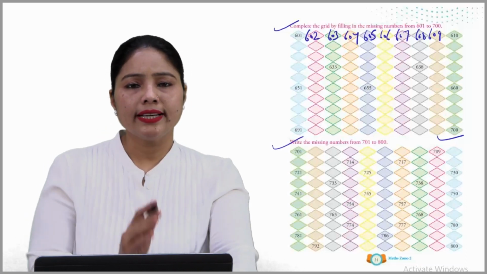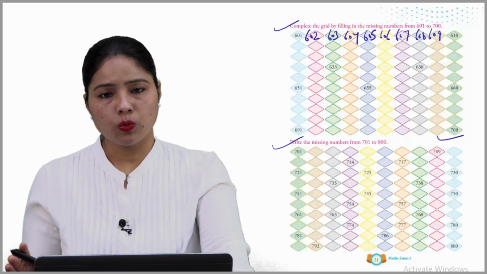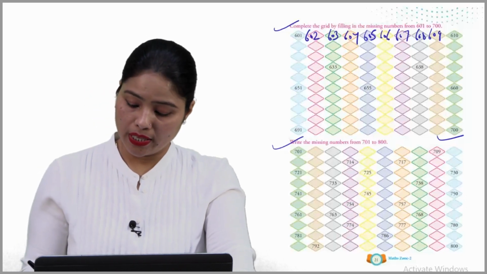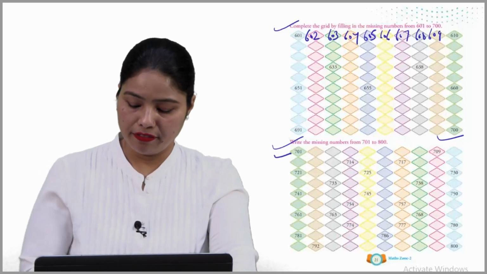So now write the missing numbers from 701 to 800. Okay, so start with 701 first.